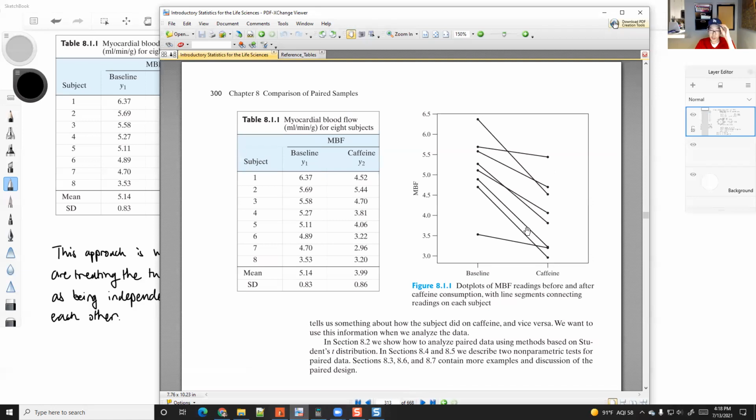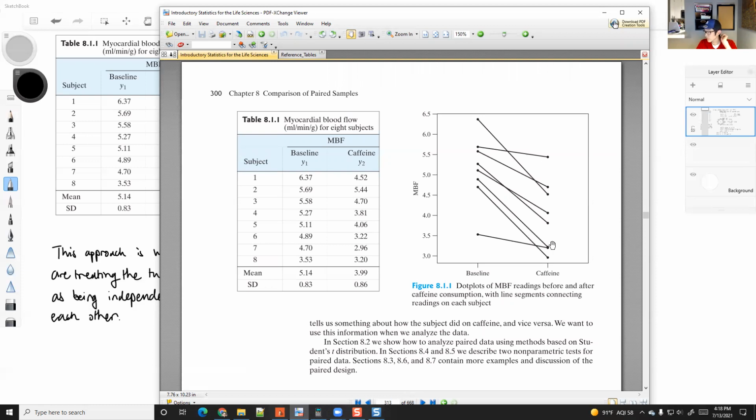Just looking at the chart, at myocardial blood flow at baseline and after taking caffeine, every single one, all 8 out of 8, experienced a drop in myocardial blood flow.